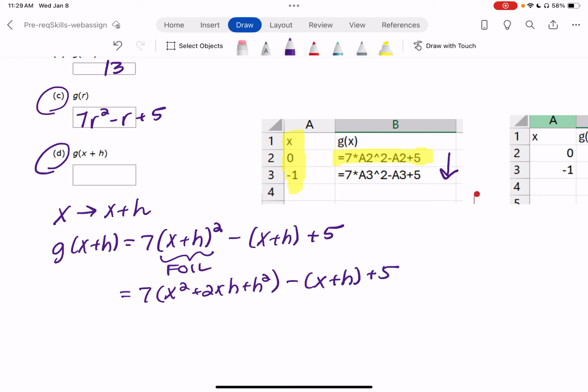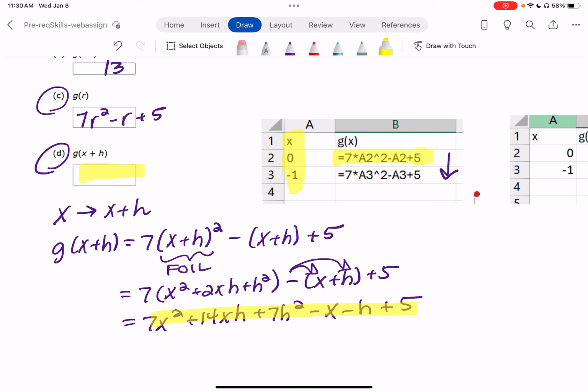So I'm going to bring my 7 through: 7x squared plus 14xh plus 7h squared. Distribute your subtraction all the way through that binomial. Make sure it goes to both terms. And then plus 5. And this is what you will put in the box. That's your answer there.